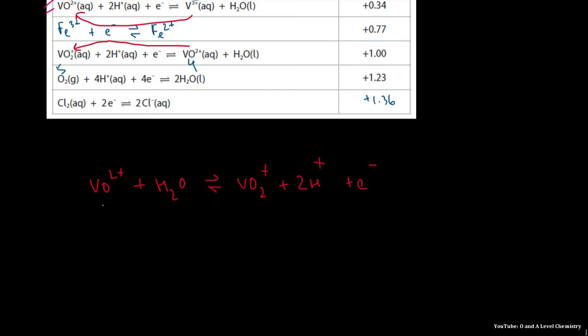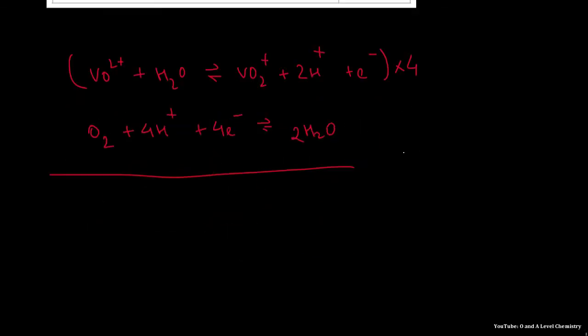This is the half equation for 4 to 5, 4 being oxidized to 5, and the oxygen in air is going to get reduced. So in order to cancel the electrons, I multiply this by 4, and then I write the overall equation.